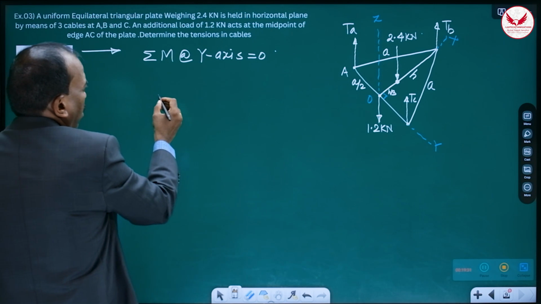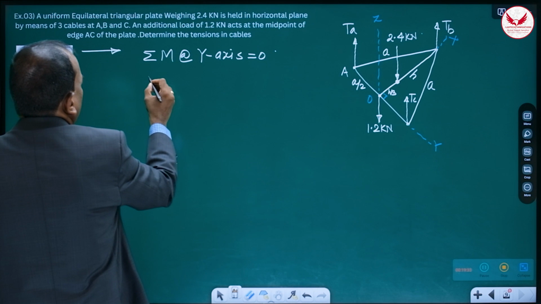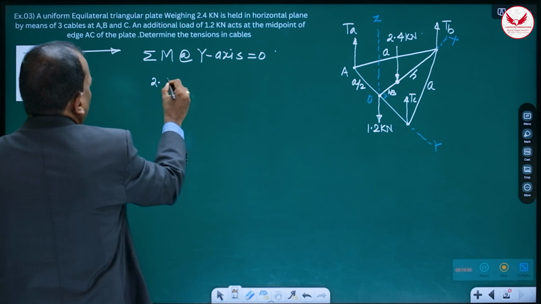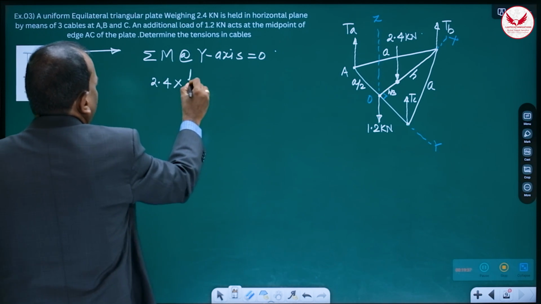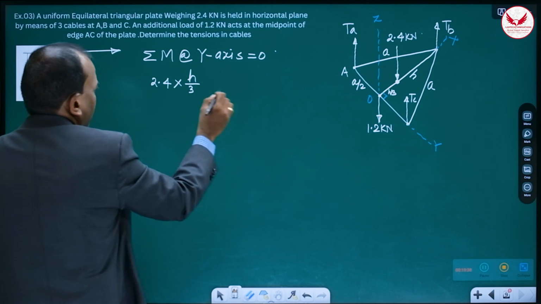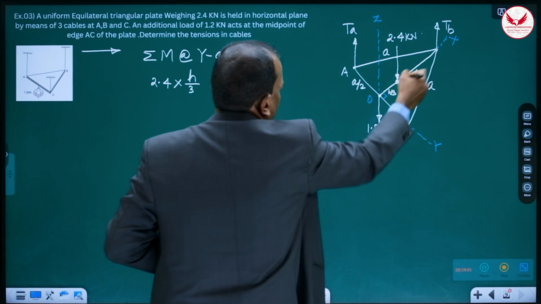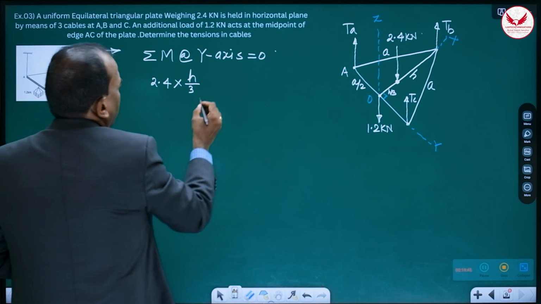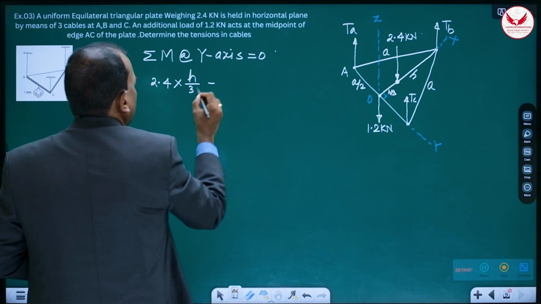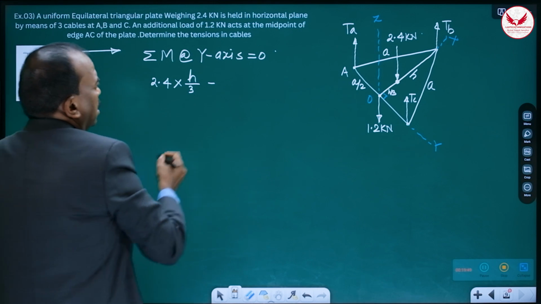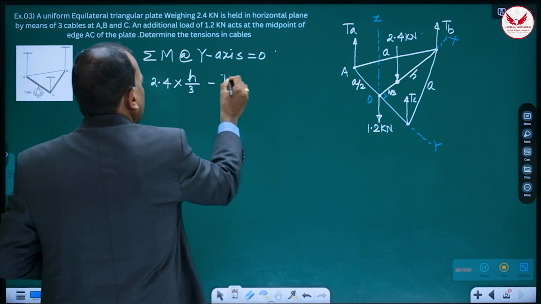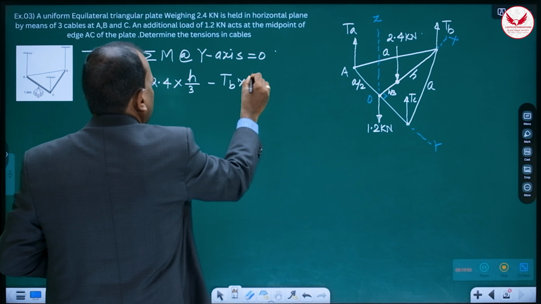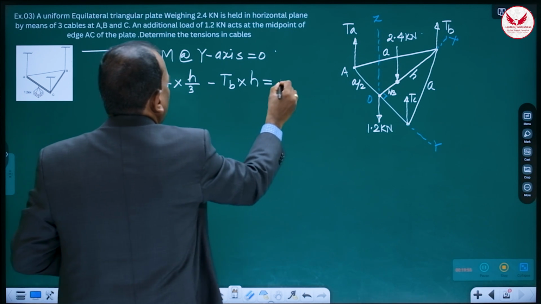The moment of 2.4 into h by 3, whatever that height is from this point. So this is the overall height. So it is going to be 2.4 into h by 3 minus TB into h, equal to 0.